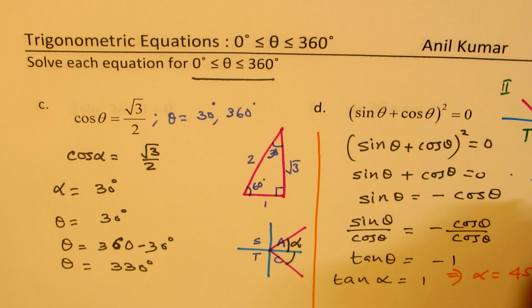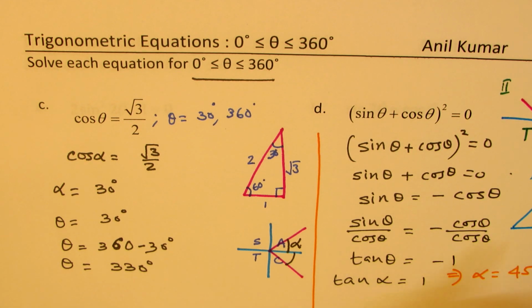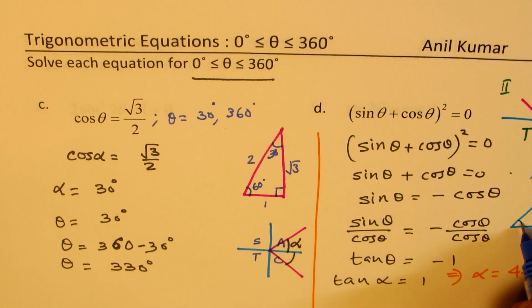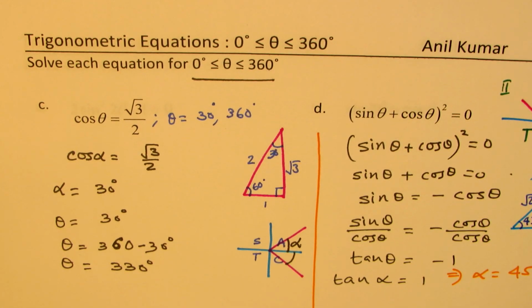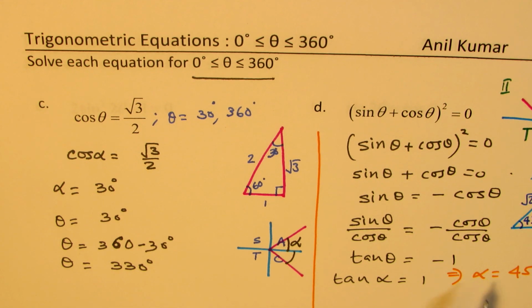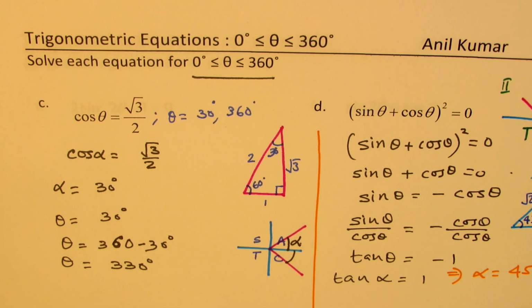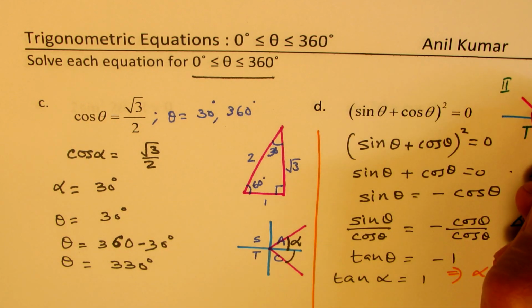Well, you can also look into your special triangle, the 45, 90, 45 degrees triangle, where the sides are 1, 1, square root 2. Tan value is 1 over 1, which is 1. Perfect.